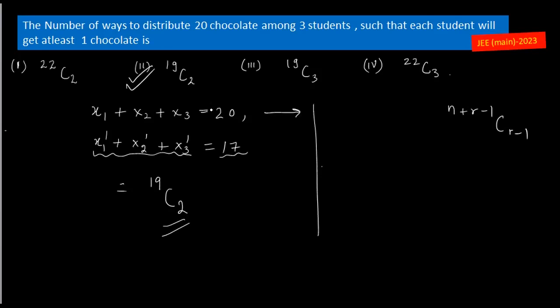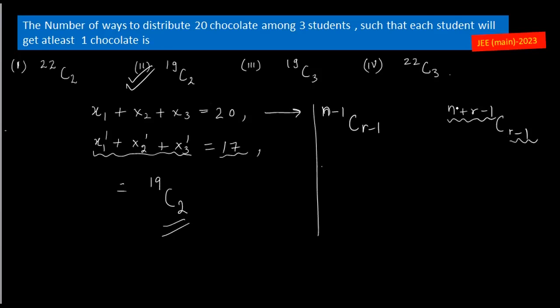Or you can directly solve from here also. Here the formula is n minus 1 c r minus 1, and n is 20 here and r is 3. If you do this here, obviously x1 prime, x2 prime, x3 prime are all non-negative, so we use the formula n plus r minus 1 c r minus 1.